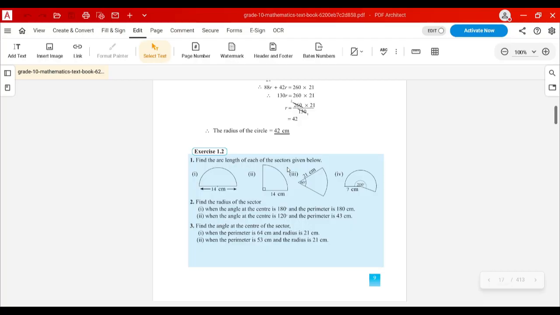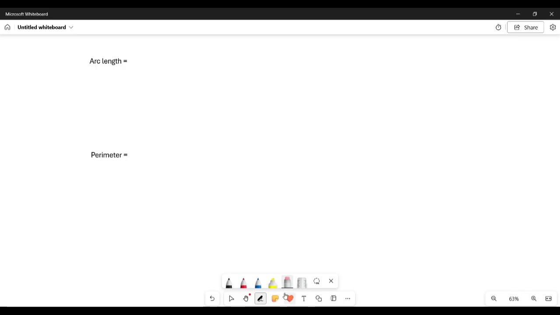We have been given an angle and we have been given the perimeter. So like I said, it's best we can start off with the arc length, right? Yeah, the arc length. So that's question number 2.